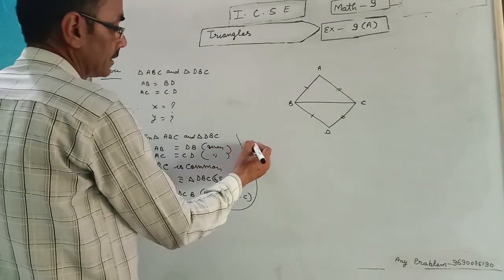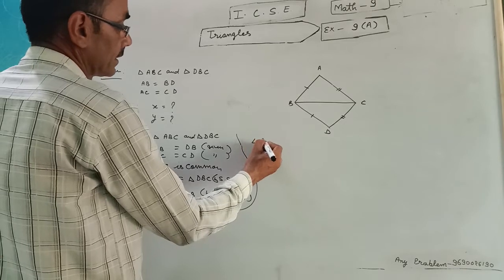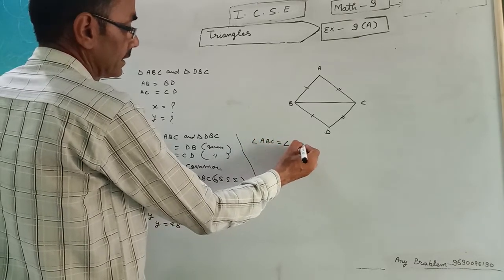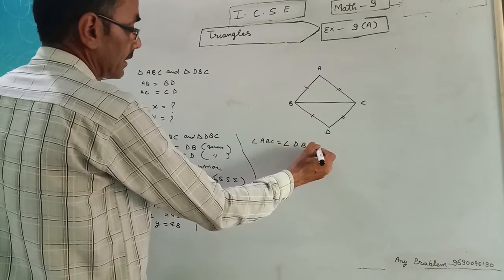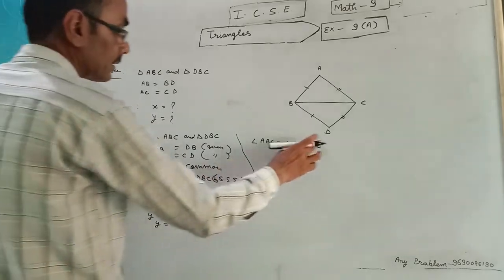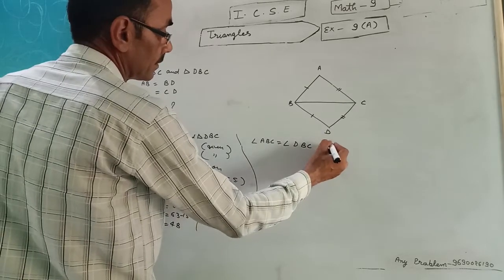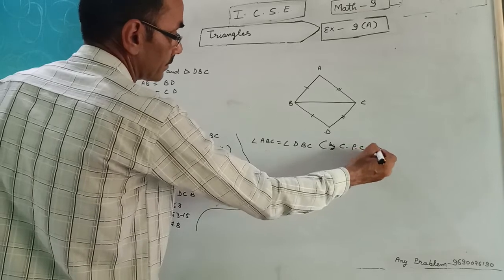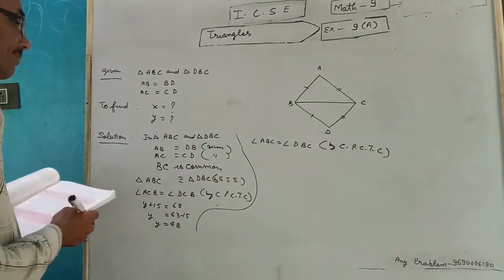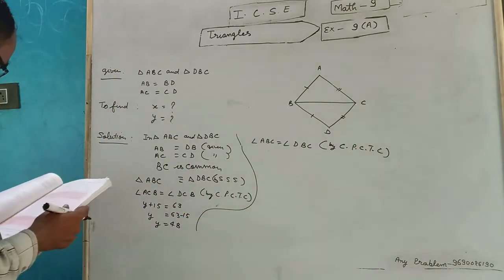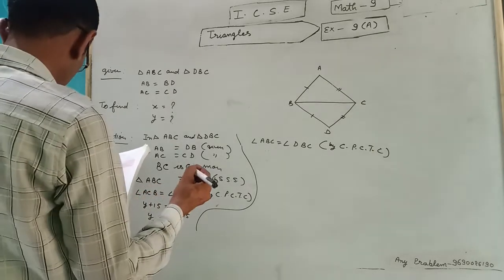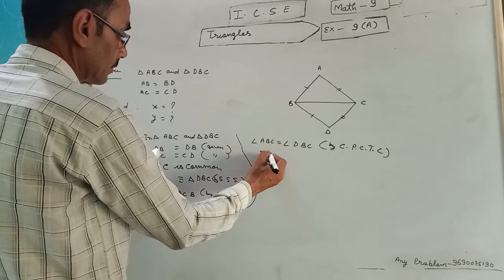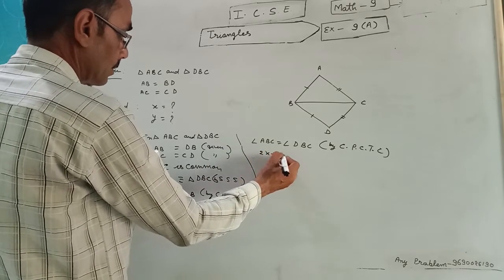And angle ABC equal to angle DBC by CPCTC. Both angle values are 2x plus 4.